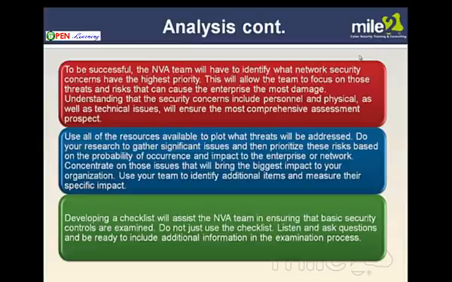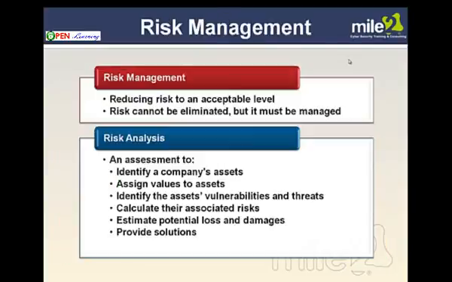And we also use all the resources we have to figure out what threats will be addressed and try to prioritize what's going to have the greatest probability of getting impacted by security events. We could also look at developing a checklist to assist our team, looking at our basic security controls.